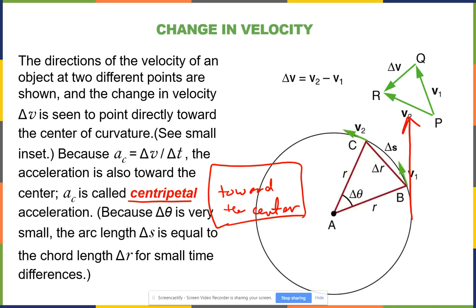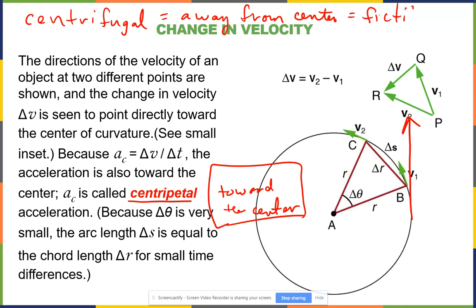Centrifugal, that's spelled with an F, means away from the center, and that's fictitious. There's no force pushing you away from the center. You just have inertia trying to go straight.